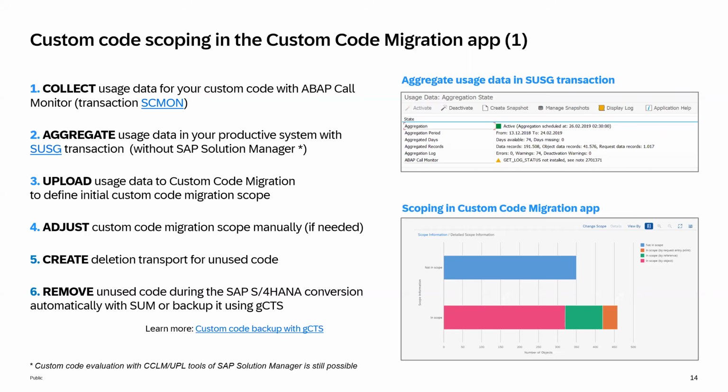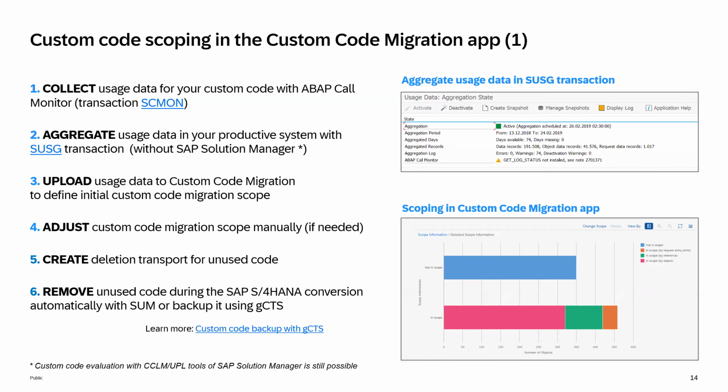If you don't want to remove the unused code because you think you might make use of this custom code at some later point in time, we suggest the SAP-based CTS solution, because S/4HANA supports the Git-enabled change transport management system.